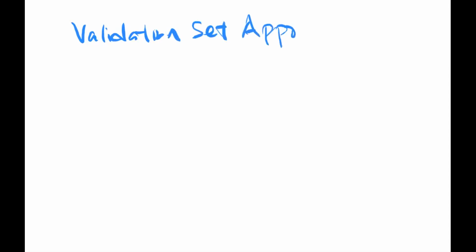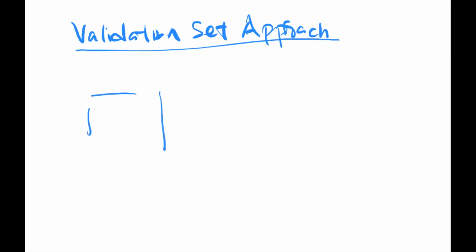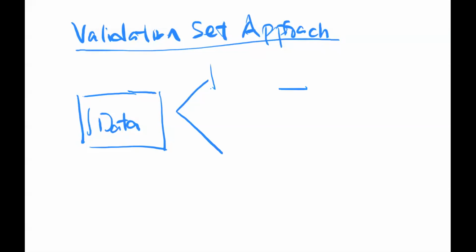So the idea for using a validation set approach is basically trying to split the data that we have into two subsets.